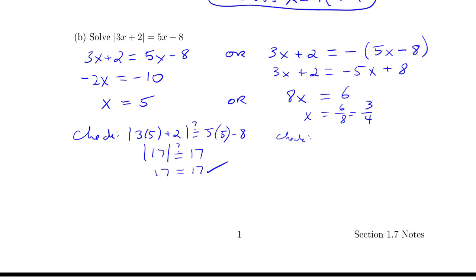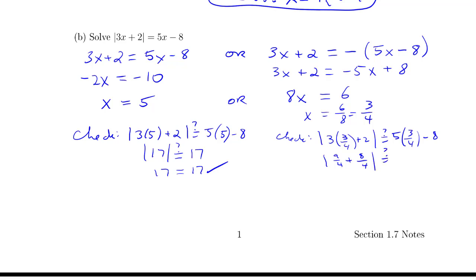So it's the absolute value of 3 times 3/4 plus 2, equal to 5 times 3/4 minus 8. Inside here we're going to get the absolute value of 9/4 plus, now I need 2 in terms of fourths, so 2 is 8/4.